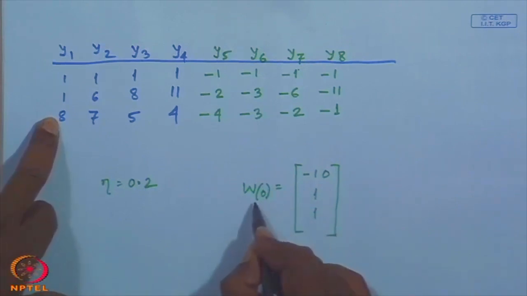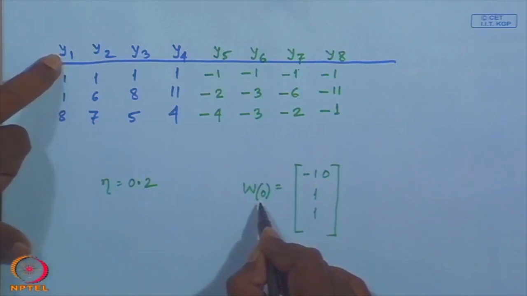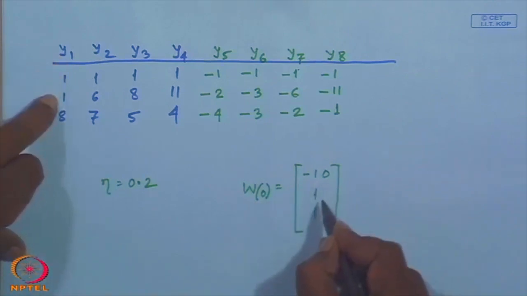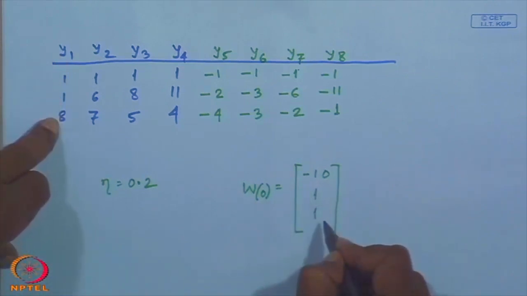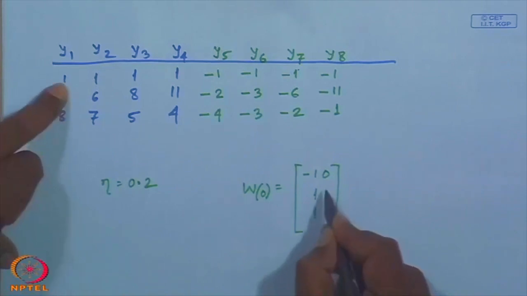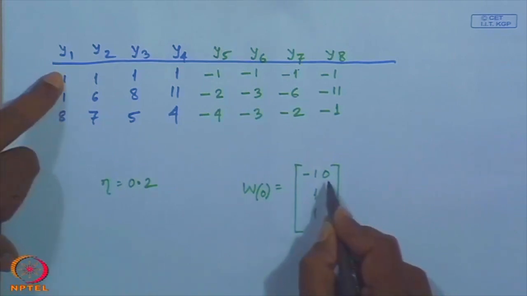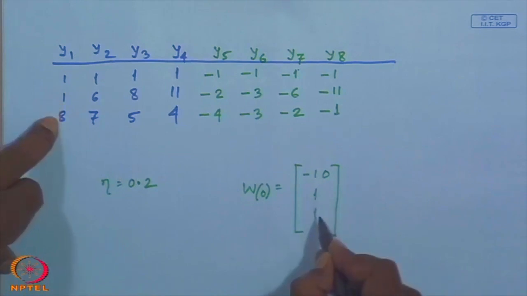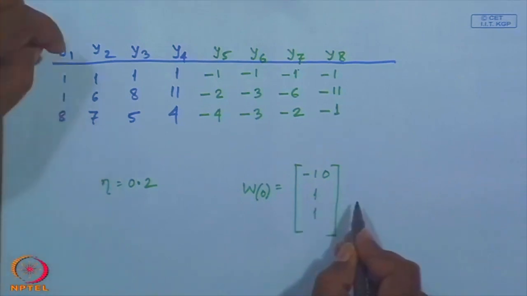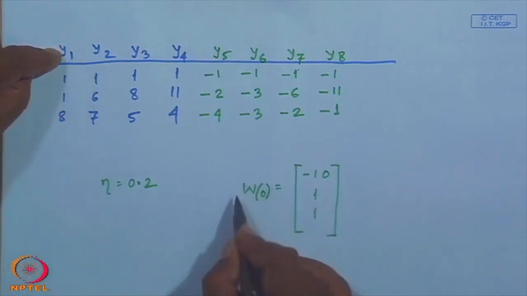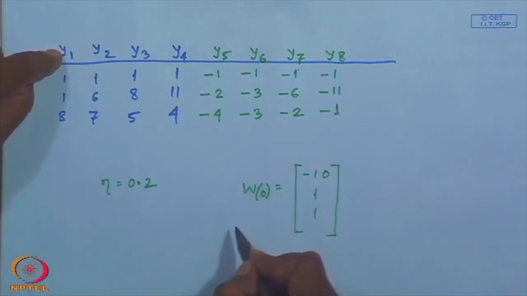So W0 transpose y1 will be minus 10 plus 1 plus 8, which is nothing but minus 1, that is negative. That means y1 is misclassified by this W0.